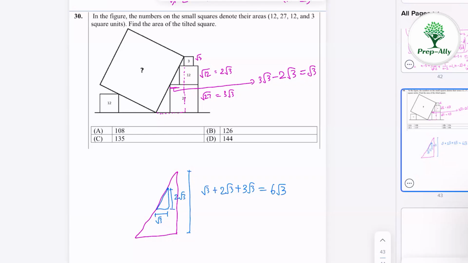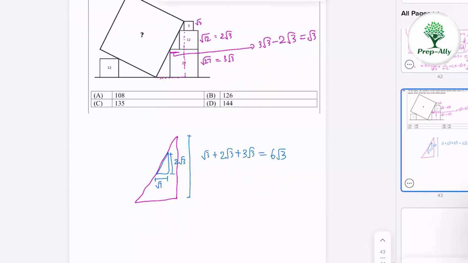And because these two triangles are similar, if we know two sides of these triangles, can we find the third side? Because it's a right angle triangle.